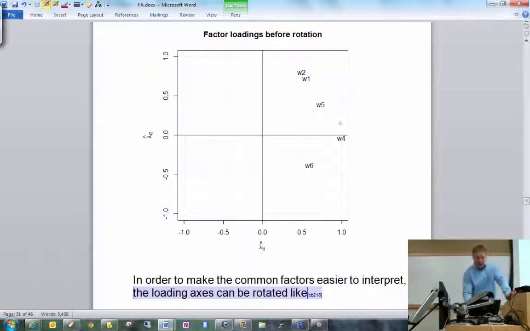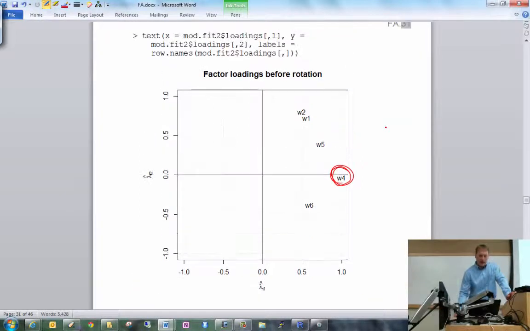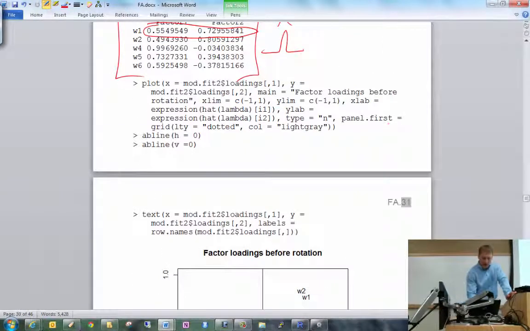So if you remember again, W4 had a factor loading for the second factor that was close to 0. And what that meant for us was that it was easier to interpret the second common factor, because we didn't need to include, let's say, W4 in our formulation of an interpretation.